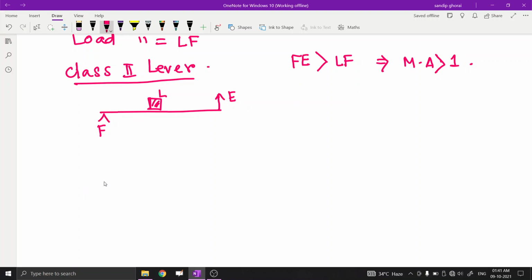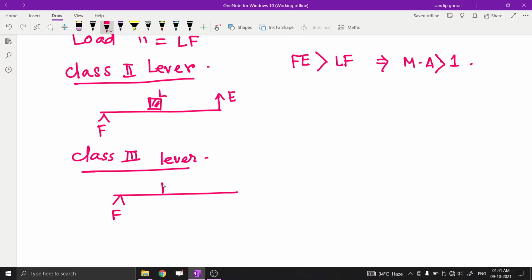And if we take class 3 lever, then the block diagram is like that. Here this is your fulcrum point, effort is situated in between load and fulcrum. This is your load. Okay, and here always load arm is greater than effort arm.